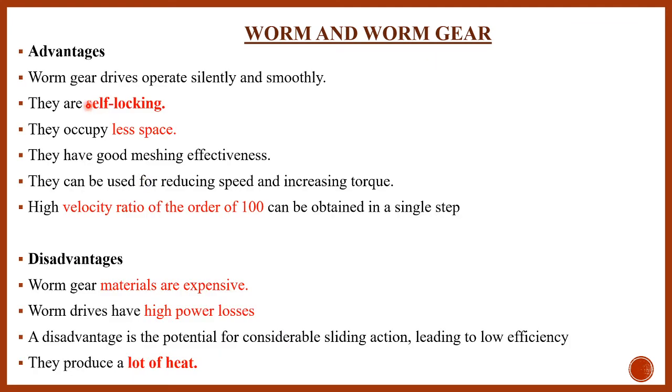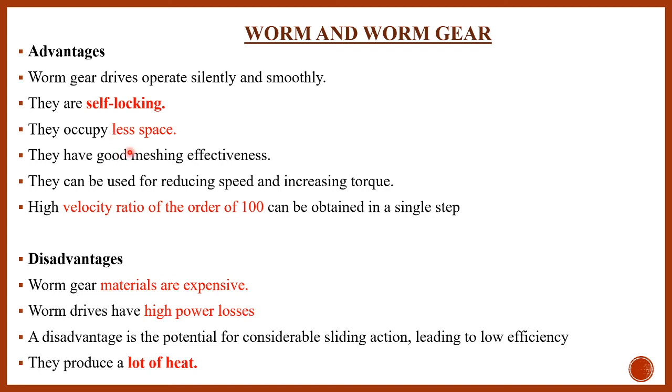The advantages: again, they are smooth and silently operated. They have the inherent property of self-locking. You can transmit the motion from the worm to the worm wheel, but we can't transmit the motion from the worm wheel to the worm.